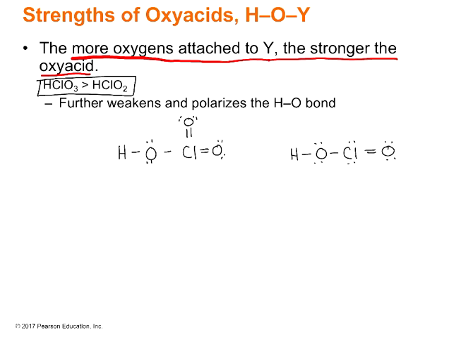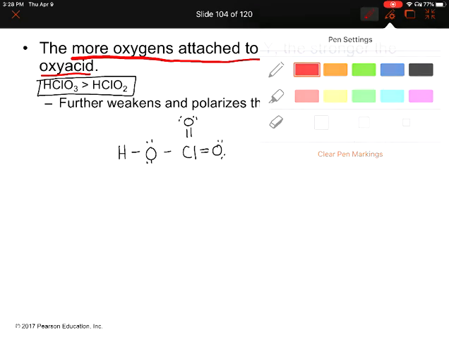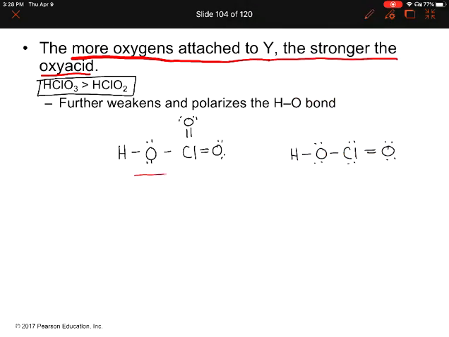Now, because there are those extra oxygens on the left-hand molecule, that's going to create a larger pull of electrons. So with more oxygens, we're going to further weaken and polarize the hydrogen-oxygen bond.